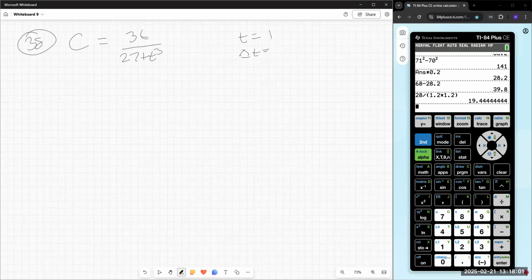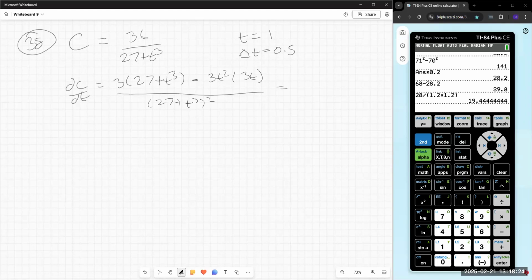So delta t equals 0.5. dC/dt will be the derivative of the top times the bottom minus the derivative of the bottom times the top, all over the bottom squared.